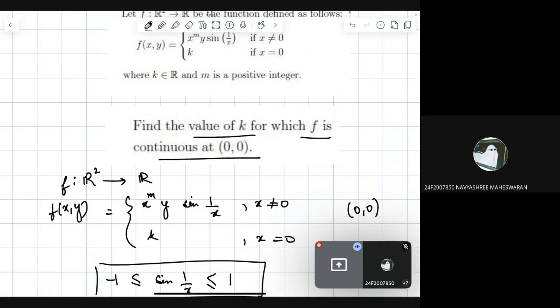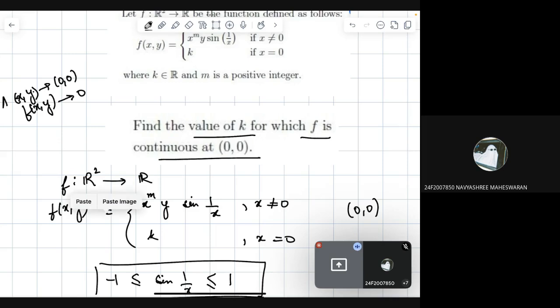Now we want the function to be continuous. It is continuous when the value of the limit comes out equal to the value of the function.